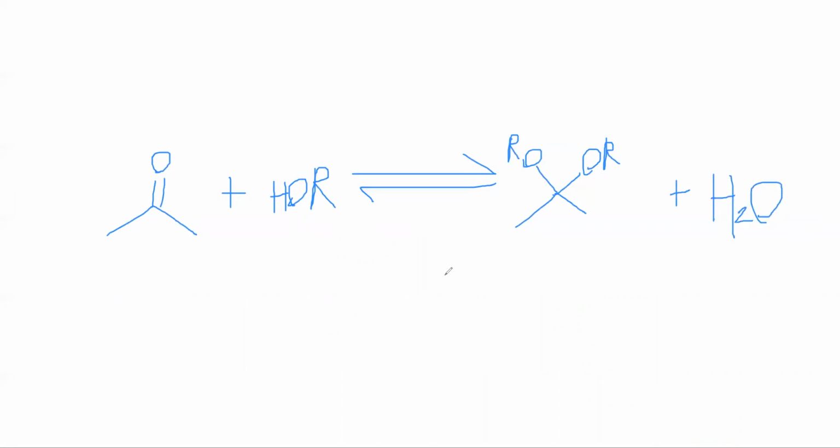So if you want to make the acetal form, then you'd want to remove water, because if you remove water, then you're going to drive the equilibrium reaction forward and you're going to form more acetal. But if you wanted to reverse this reaction and turn the acetal back into a ketone or an aldehyde, you'd want to add more water. So that's why I drew this. Add water to reverse the reaction.